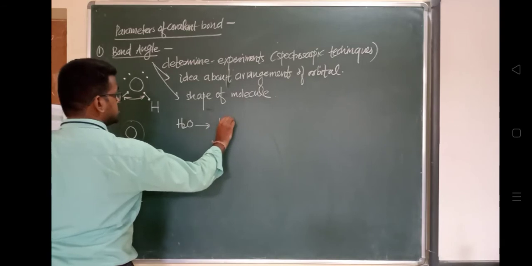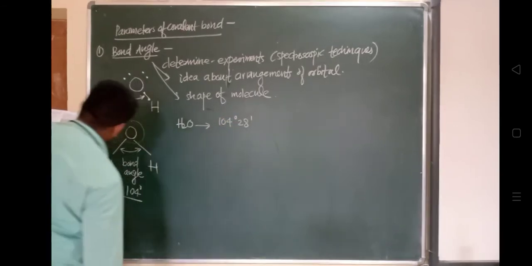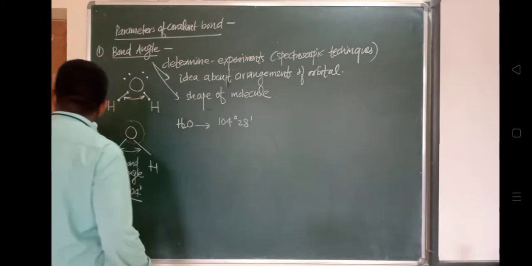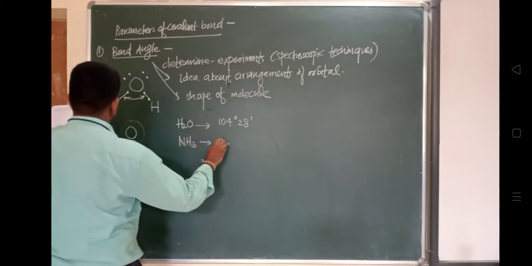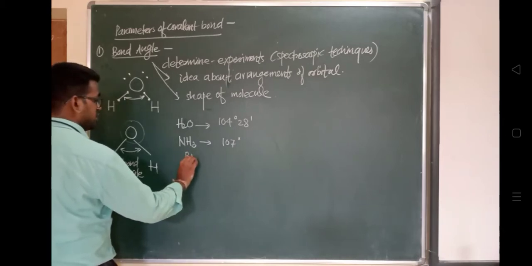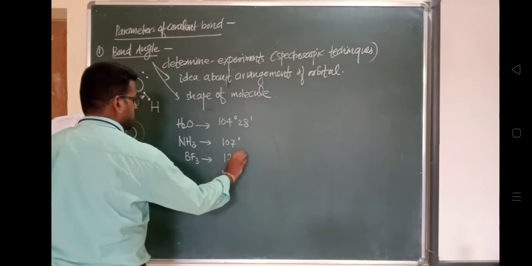In case of BF3, boron trifluoride, it has sp2 hybridization, 120 degrees. We already know that. So these are a few bond angles present in these molecules.